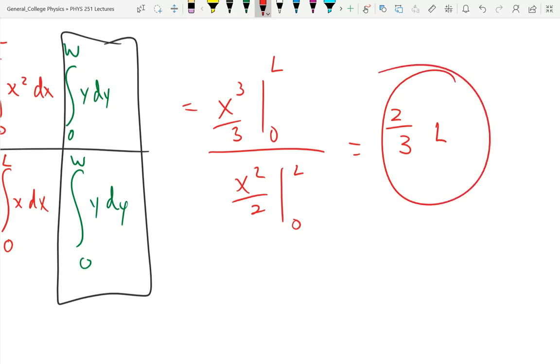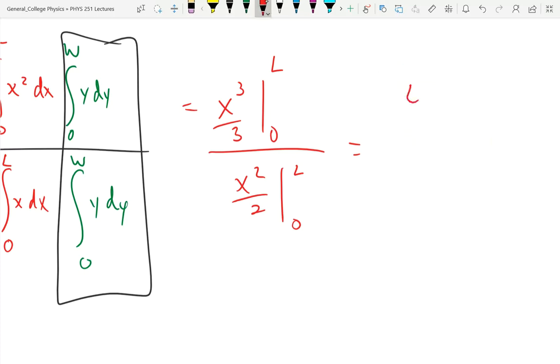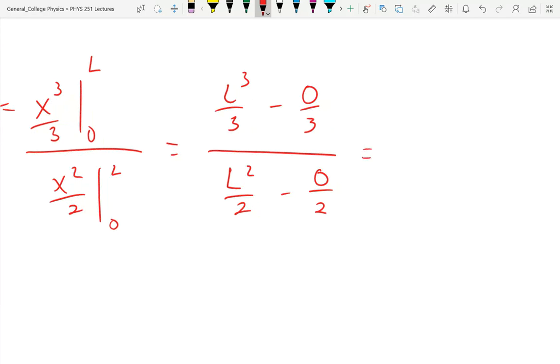Now, I skipped a step there. It's L cubed over 3 minus 0 over L squared over 2 minus 0. There. Now I didn't skip any steps.